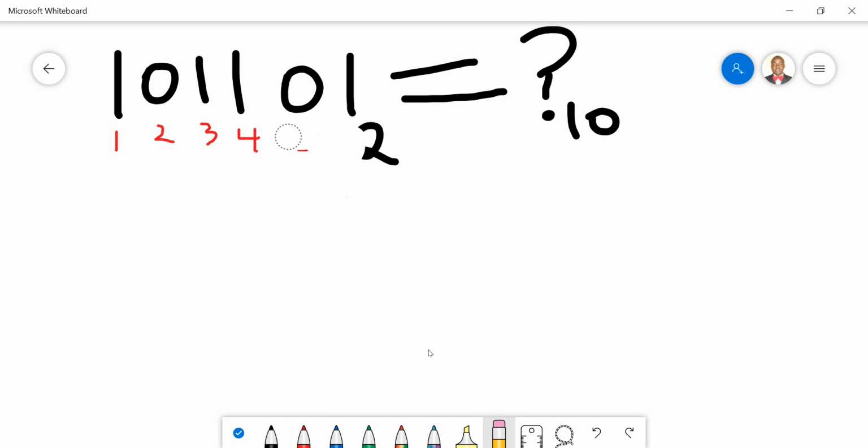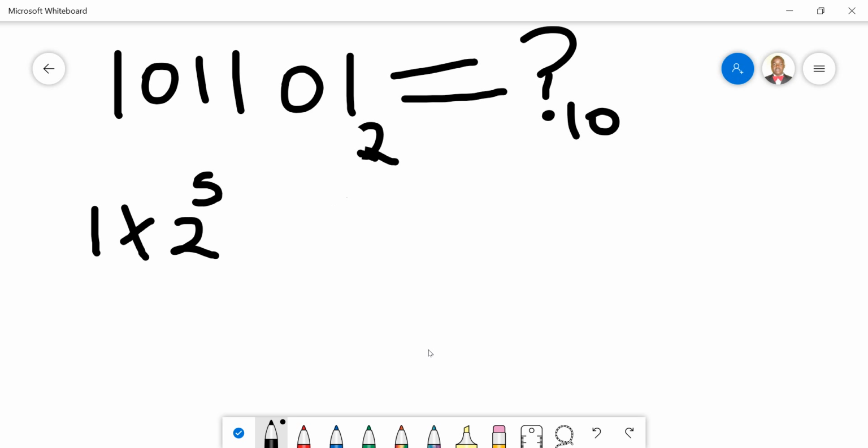So now I'm going to rub these ones. I will just show you that we have 6 numbers. So this is what we are going to do. You will say 1 multiplied by 2 to the power 5.